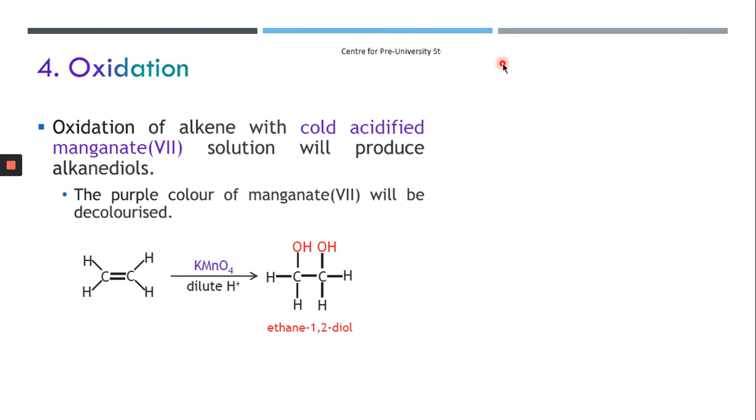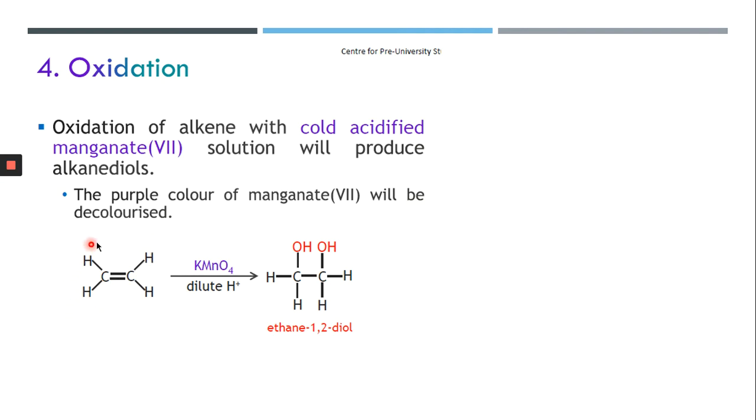And this one is oxidation. Right, oxidation. It's a little bit confusing. Apart from being called oxidation, it can also be called reaction with acidified potassium manganate(VII) solution. In this reaction, for example we have ethene.